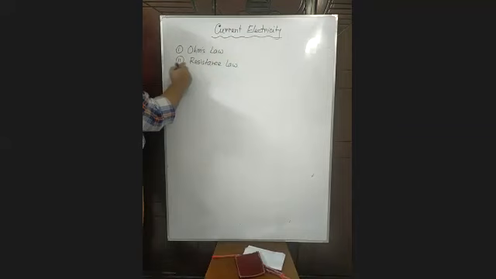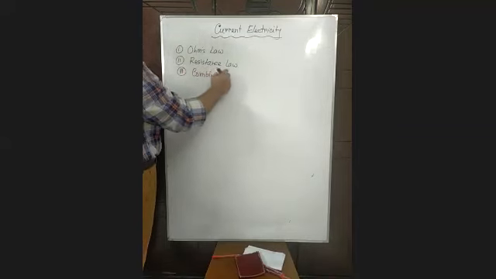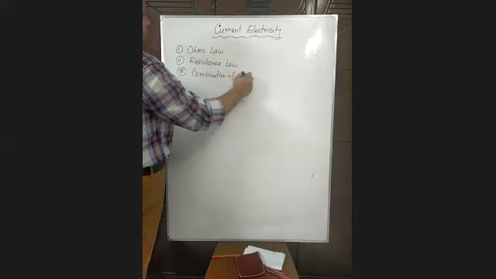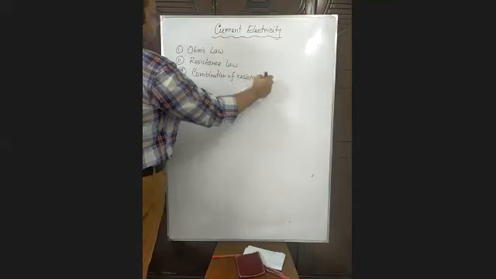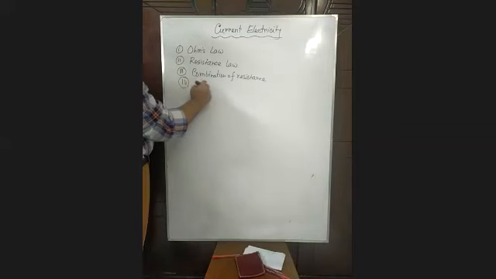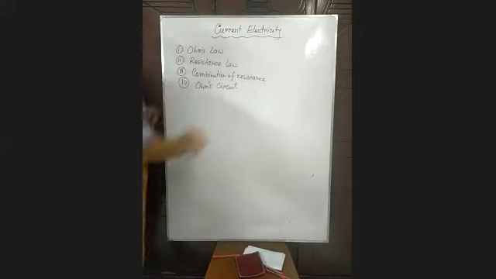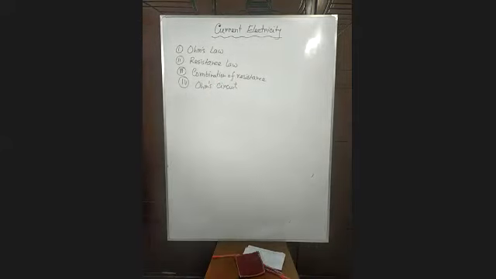Then the third one, combination of resistance. Then number 4, Ohm circuit. So if we look into these topics, all of these topics we have discussed when we were in class 10.